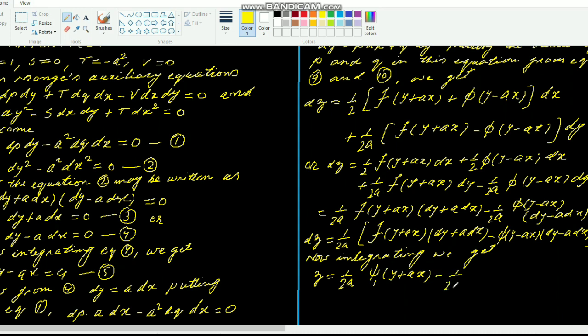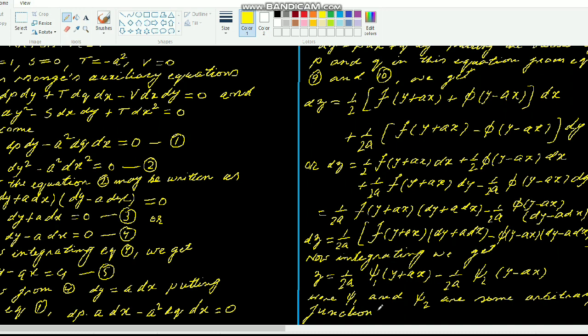So we get some function of y plus ax. So psi 1 of y plus ax minus 1 upon 2a psi 2 of y minus ax, where psi 1 and psi 2 are some arbitrary functions of x and y.